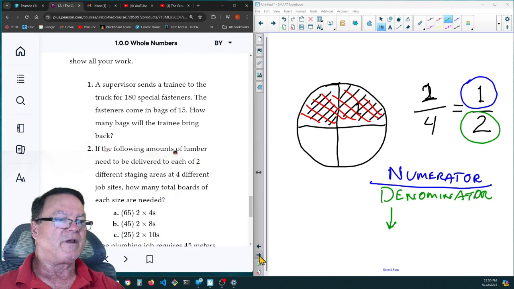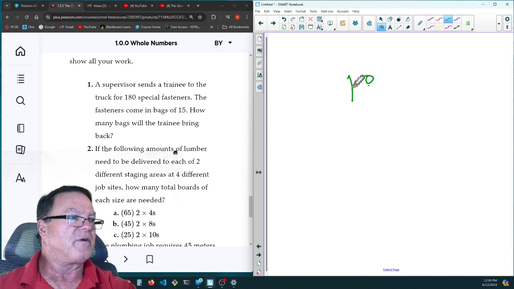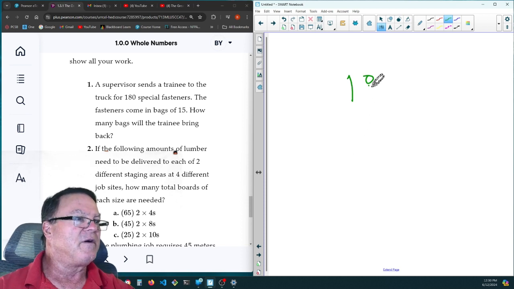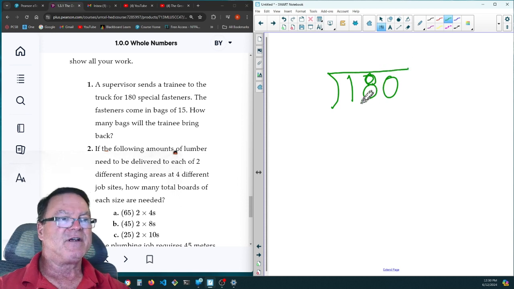Okay, so we'll get a blank page here, and we're saying that he needs 180. There we go. So 180 fasteners is how many he needs.